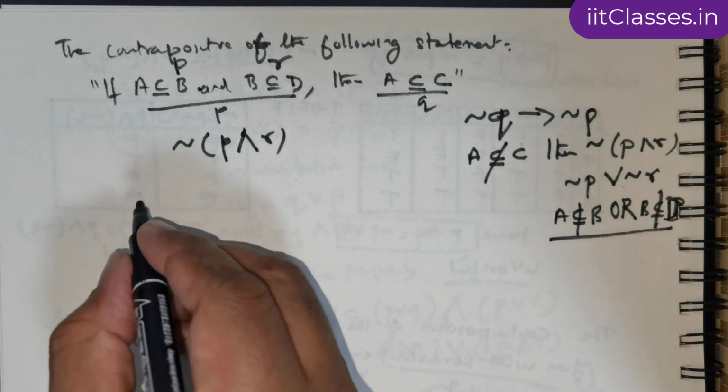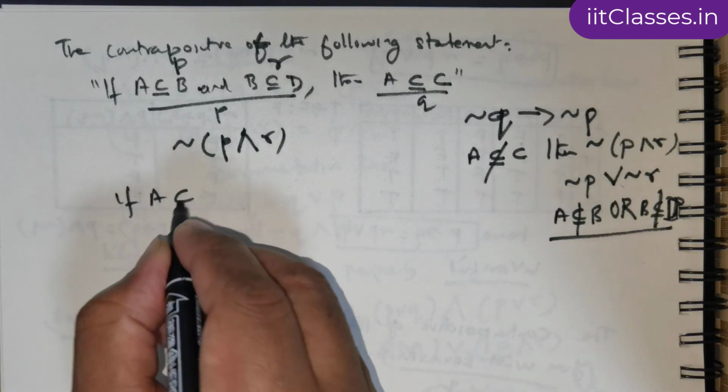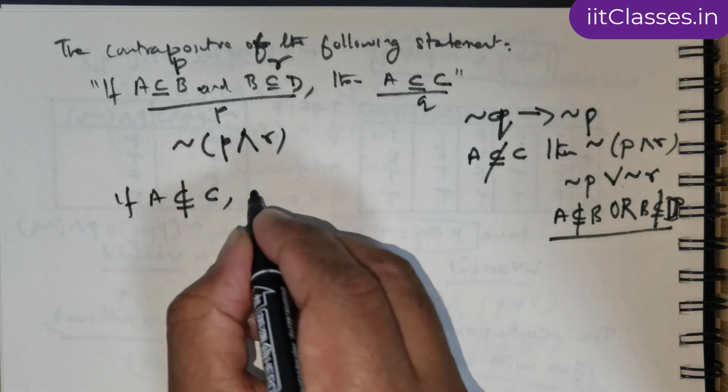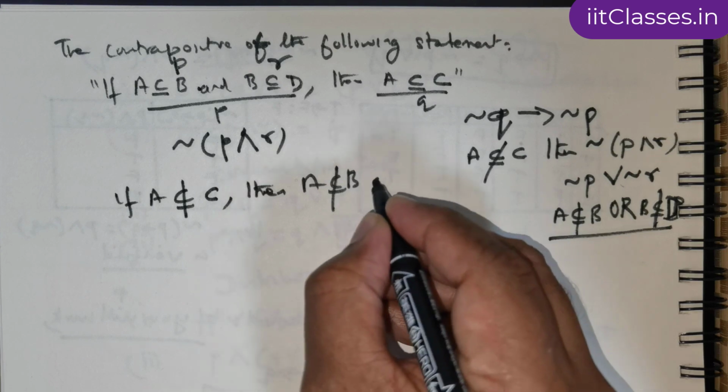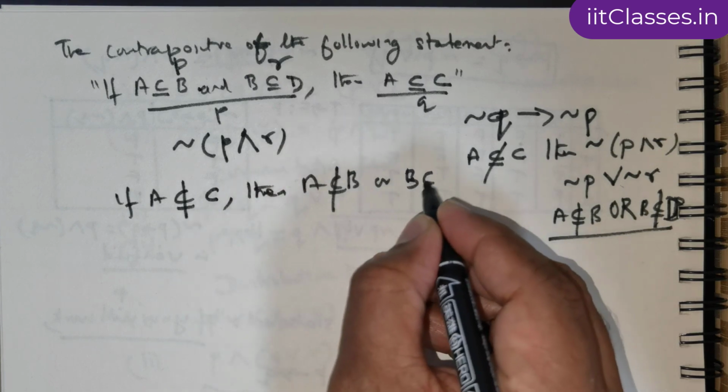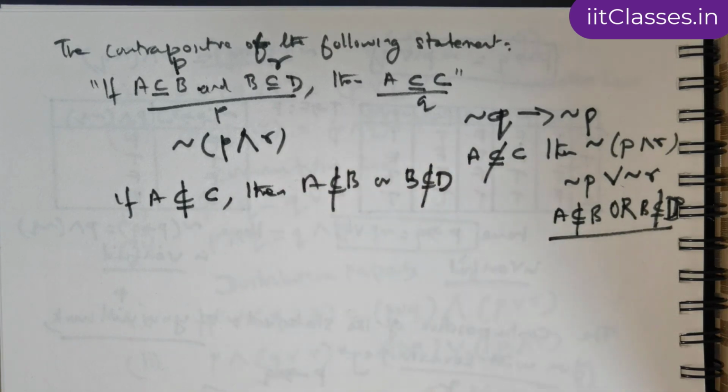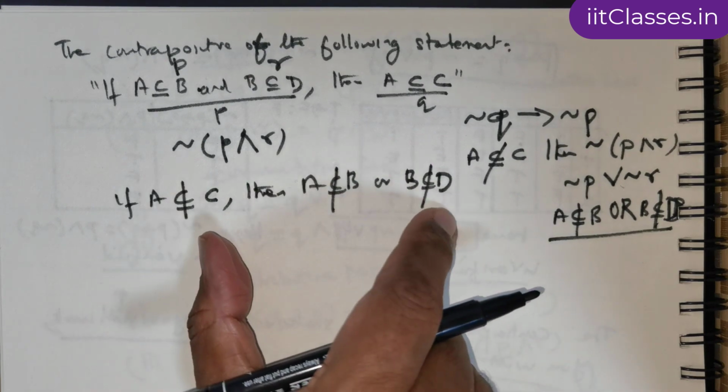So if I were to write the output, it's going to be: if A is not a subset of C, then A is not a subset of B, or B is not a subset of D. So this is what is going to be our final solution.